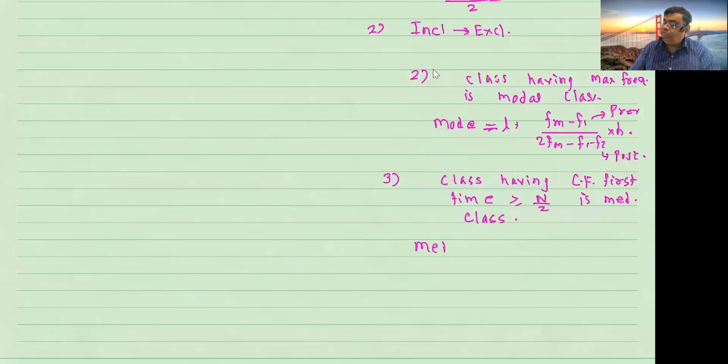And then median is equal to L plus n by 2 minus CF upon F into H. This CF is the previous cumulative frequency and F is its frequency.